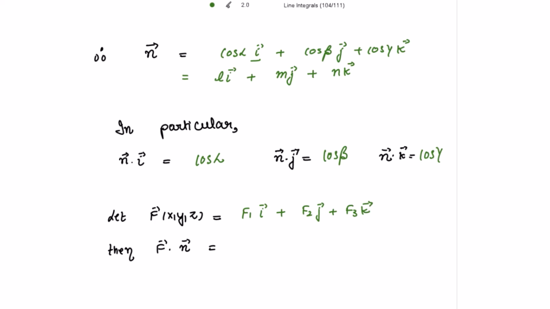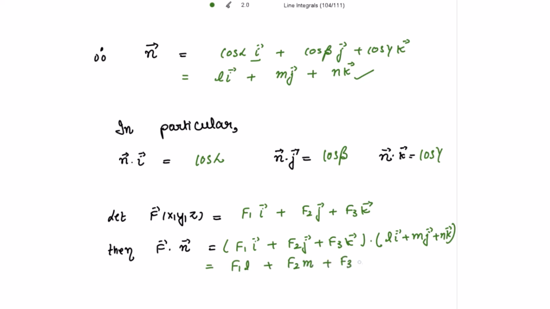Then taking the dot product of f vector with n vector, which is l i plus m j plus n k, this is f1 l plus f2 m plus f3 n.